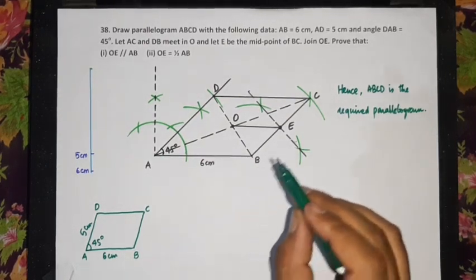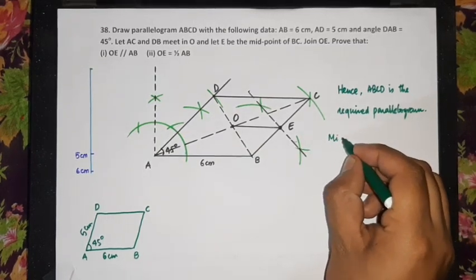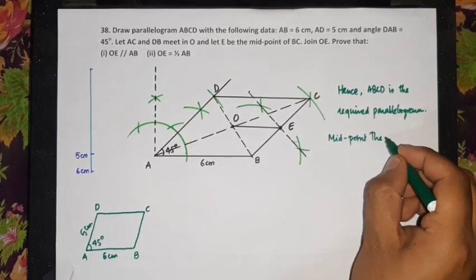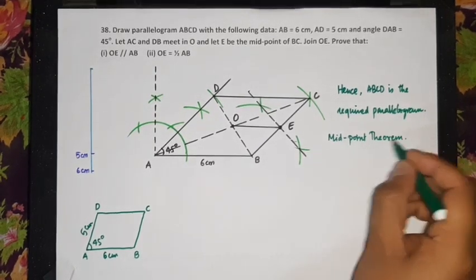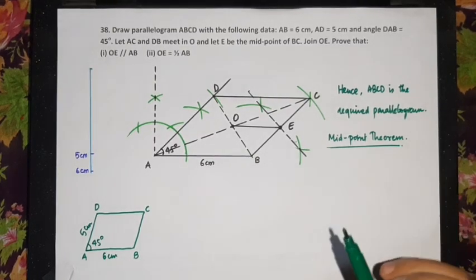To prove this part, we make use of something called the midpoint theorem, which we have not learned as of now. We will learn this very same theorem, the midpoint theorem, after a few classes.